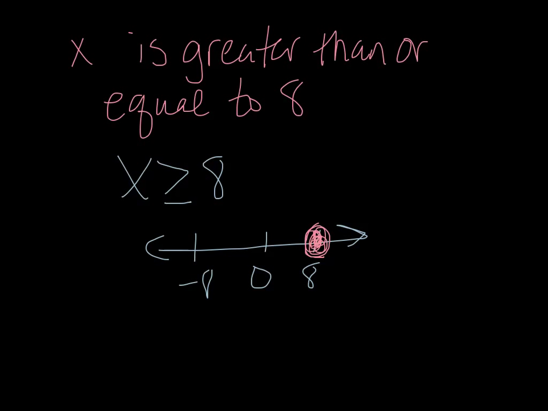And x is greater than is to the right. So my interval notation, I have 8 to infinity. It's equal to 8, so I'm going to put a bracket, and it's never equal to infinity, so that's a parentheses.